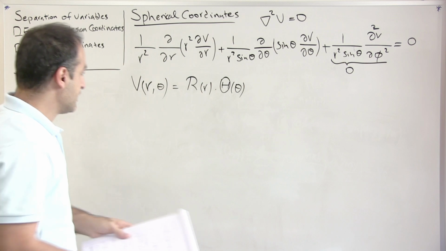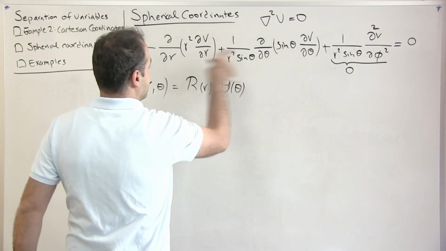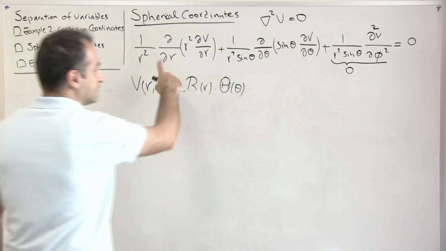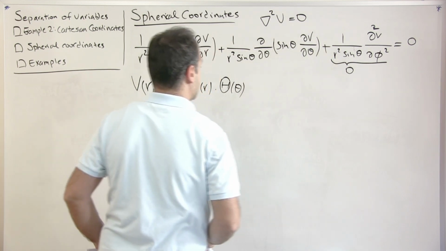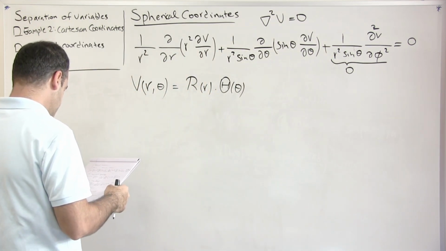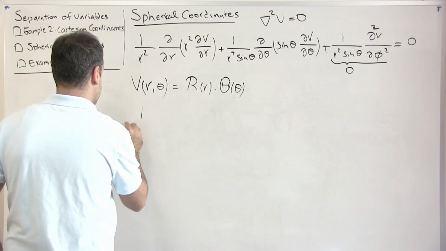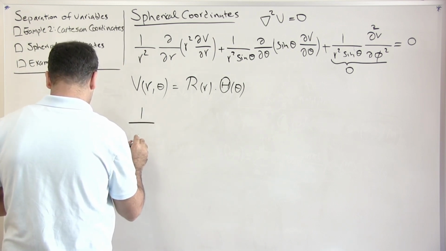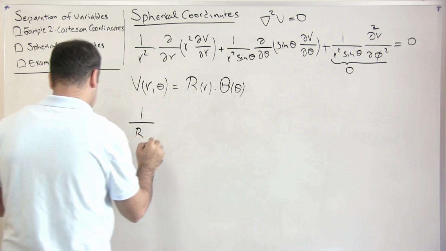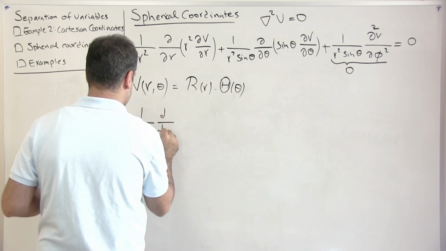If we substitute this back into the top equation, using only the first two terms and ignoring the last term, which is 0, we get 1 over R d over dr of R squared dR over dr, plus 1 over Theta sine theta, d over d theta of sine theta d Theta over d theta, equal to 0.